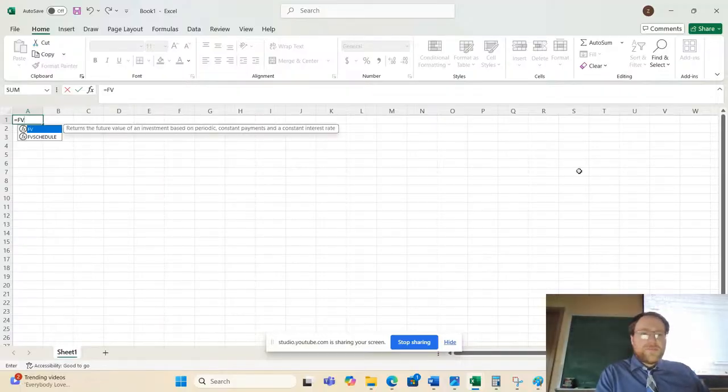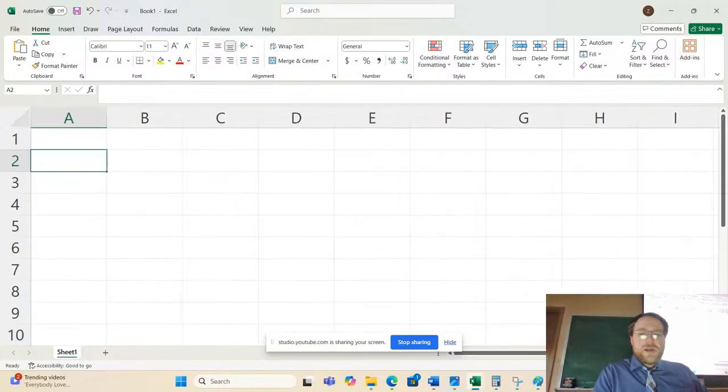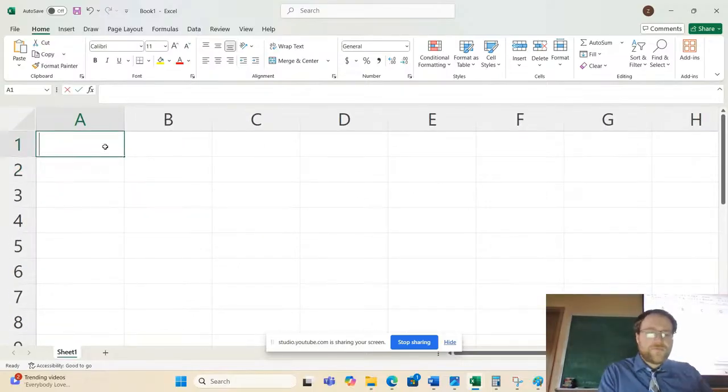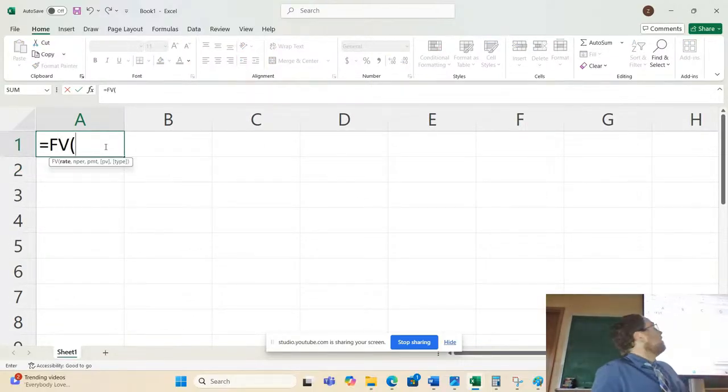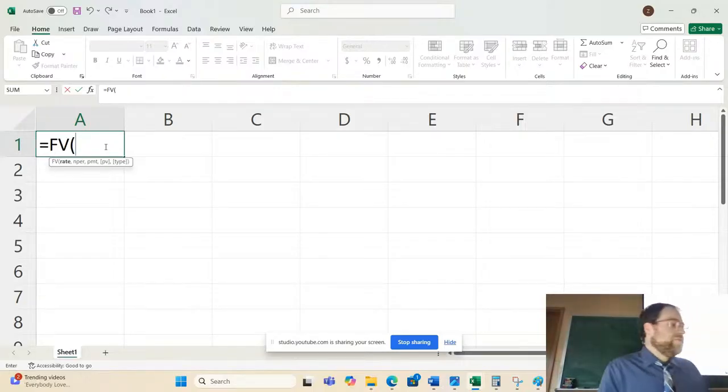I was going to say I might try and zoom in on that too. Yeah, that's better. So then the rate here is going to be 6% divided by 12.